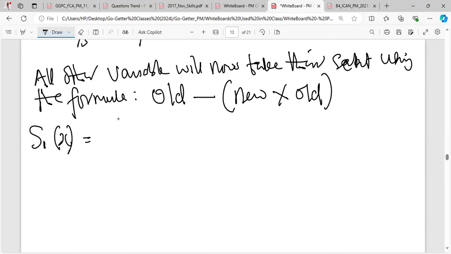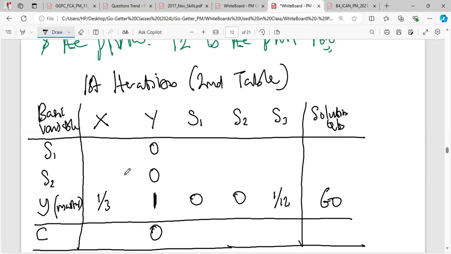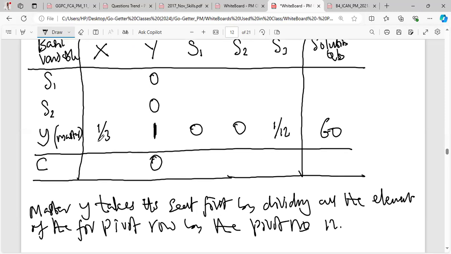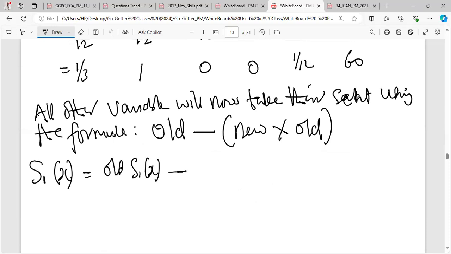The old is S1 column X, minus the new. The new is master Y, the position here: master Y X here.